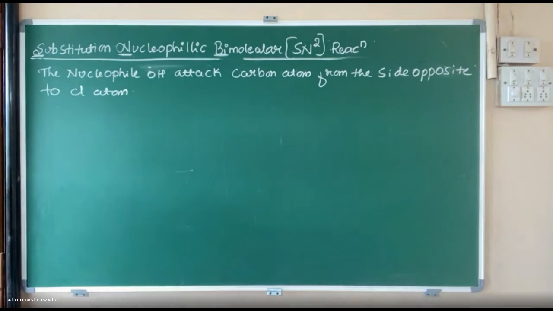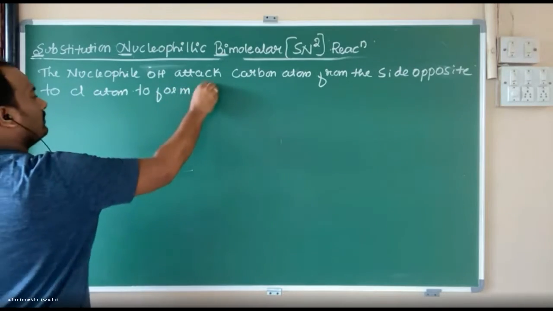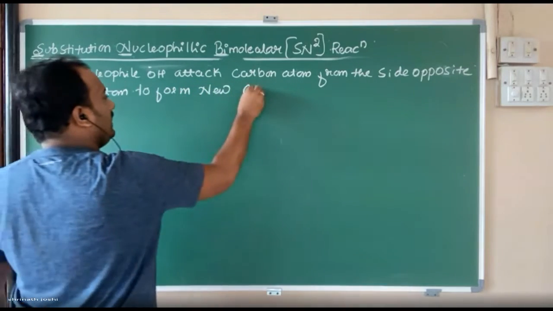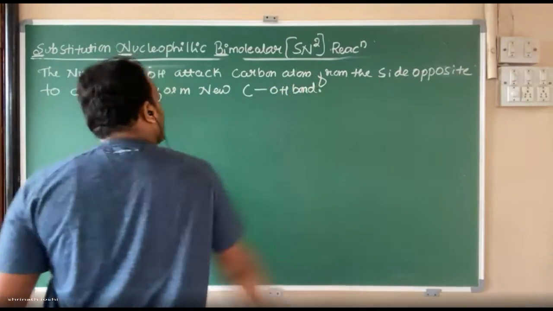From the side opposite to the Cl atom to form a new C-OH bond. This is your first point. Any difficulty, students? Write down and tell me.